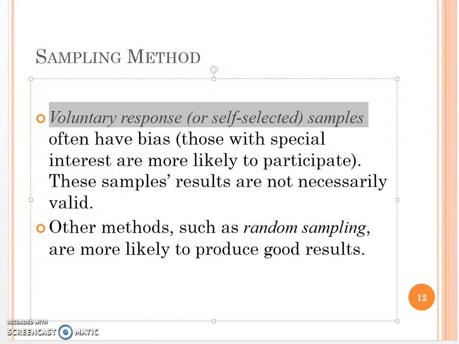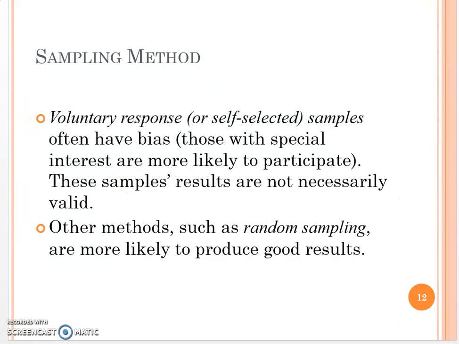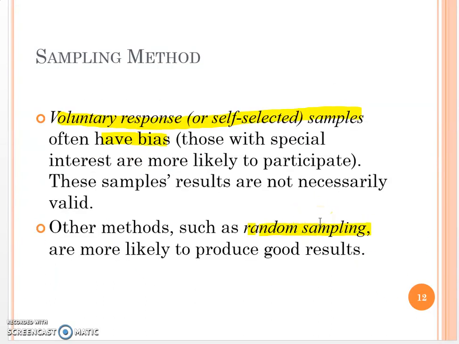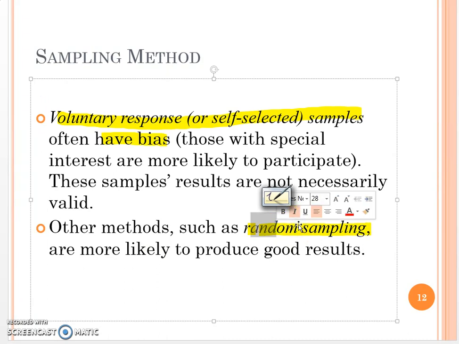Let me highlight these. So they are not necessarily valid, and we should try to avoid including these samples in our study. Some other methods, such as random sampling, are usually considered to be good, because of the randomness.